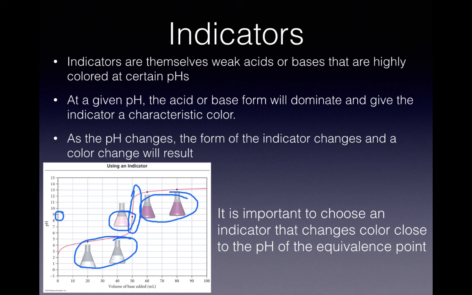So we go through a very wide range of pH change in going from the acidic form to the basic form, but we do it in a very small volume. So that allows us to use this indicator, even though it changes at a pH between 8 and 9, and even if we're doing a strong acid, strong base, which has its equivalence point at a pH of 7, we notice that the volume between a pH of 7 and a pH of 9 for that indicator has a very small difference.